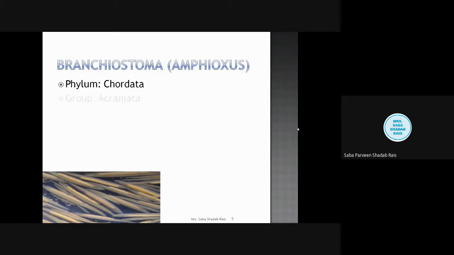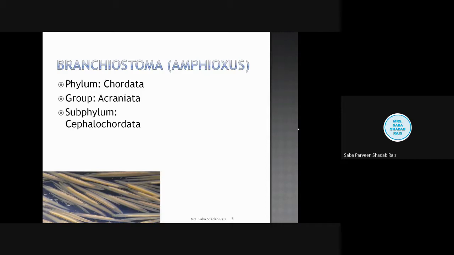Now this also belongs to the group Acraniata: no head, no cranium, no brain. Then the subphylum Cephalochordata. Why Cephalochordata? Because their notochord is present along the entire body length and the notochord is persistent.